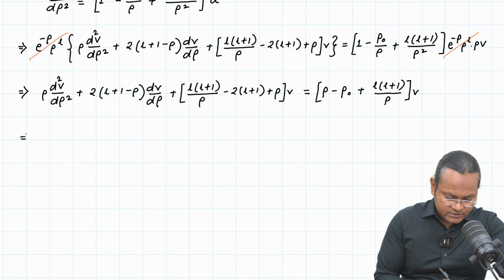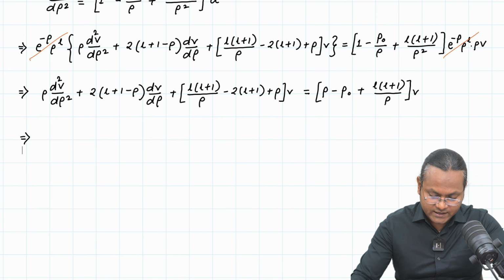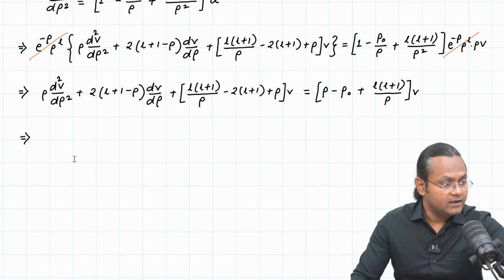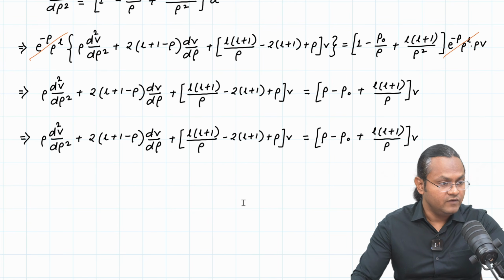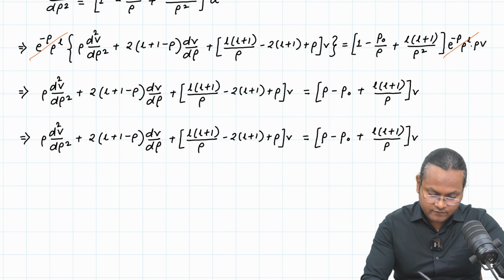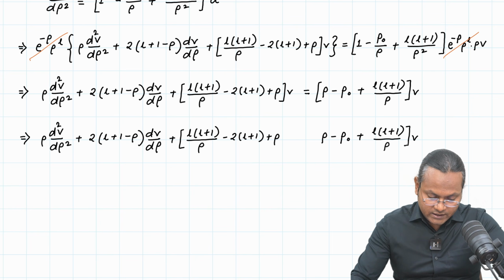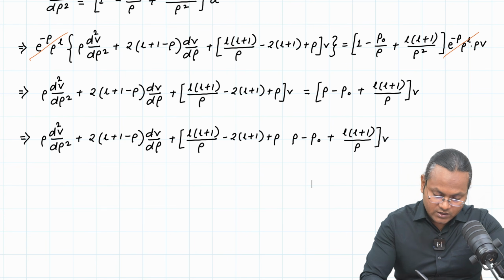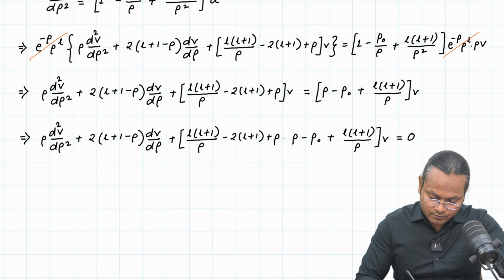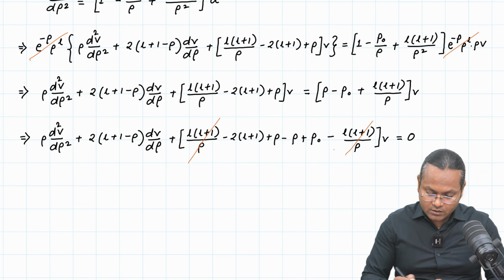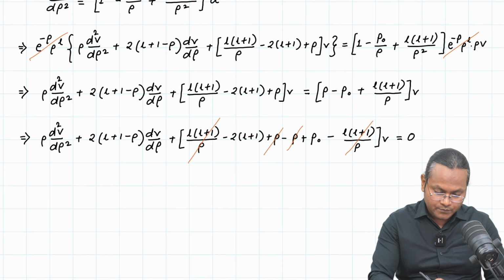Okay, so this therefore can be rewritten as, if I take the right hand side and bring it to the left hand side, I can absorb it in the expression for v, after introducing a negative sign, of course. Then the right hand side becomes 0. This will make sure that L plus 1 upon rho gets cancelled, and rho and minus rho get cancelled.